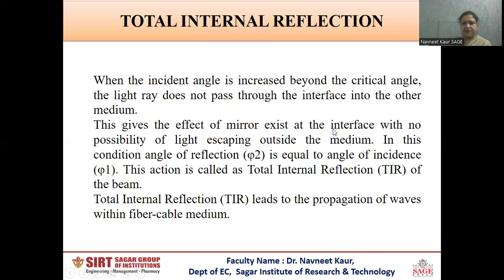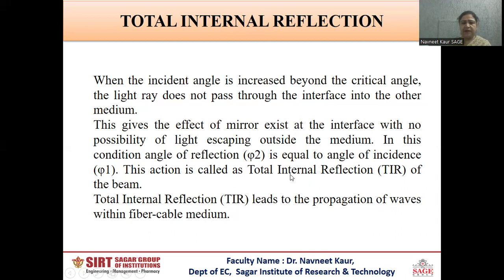Now, this forms the principle of the propagation of light in the optical fiber. This process is known as total internal reflection of the light beam. So, the total internal reflection process leads to the propagation of the waves within the fiber cable medium.